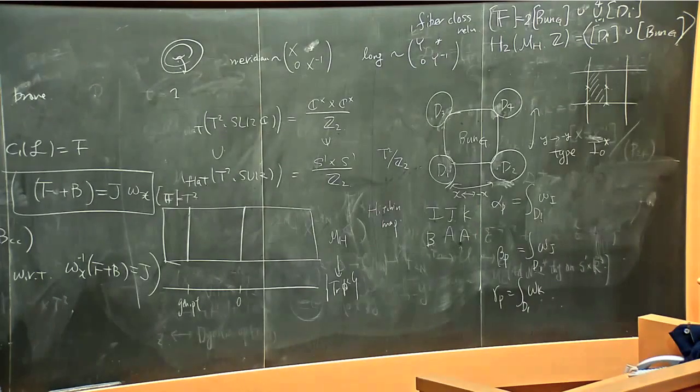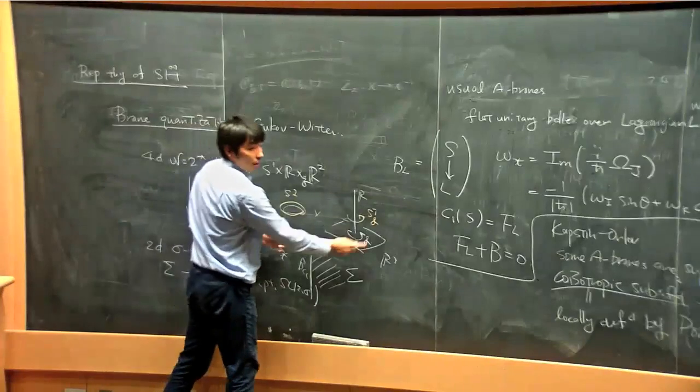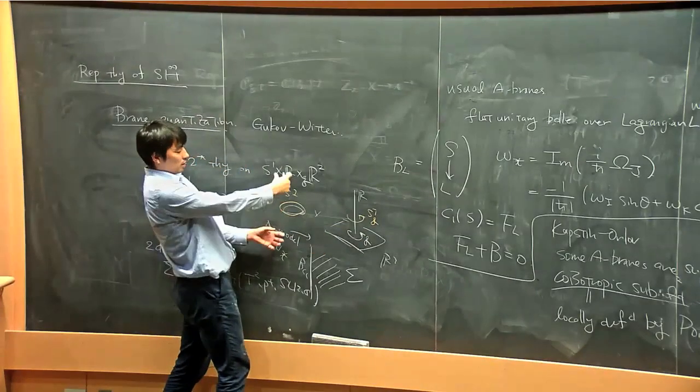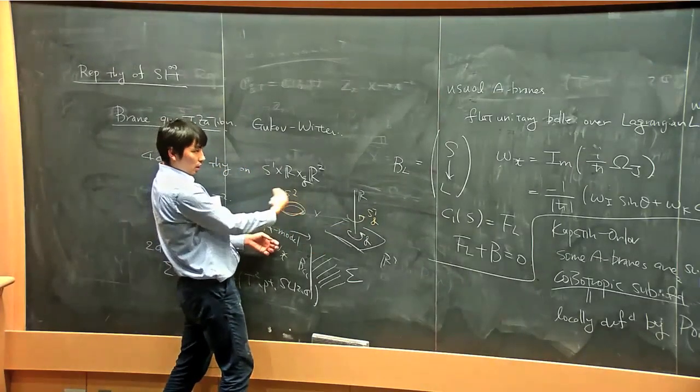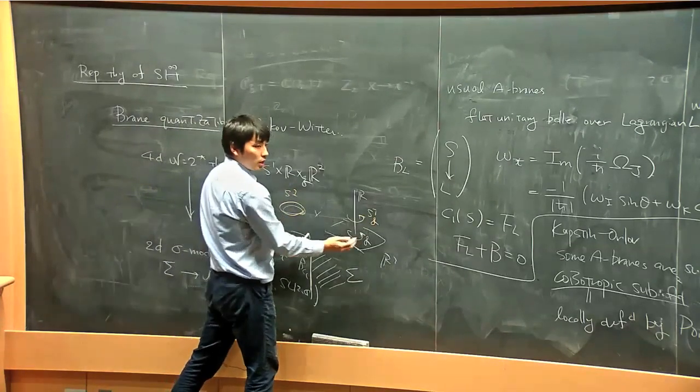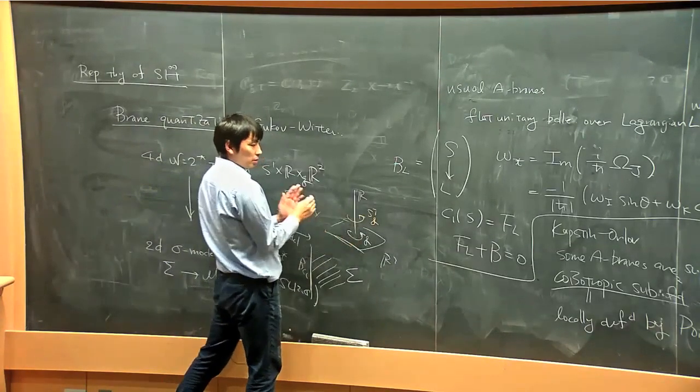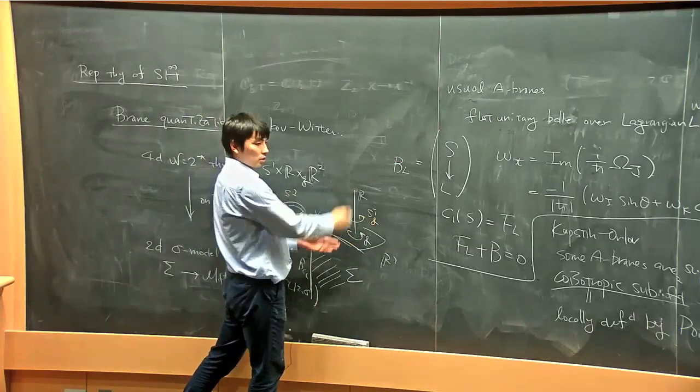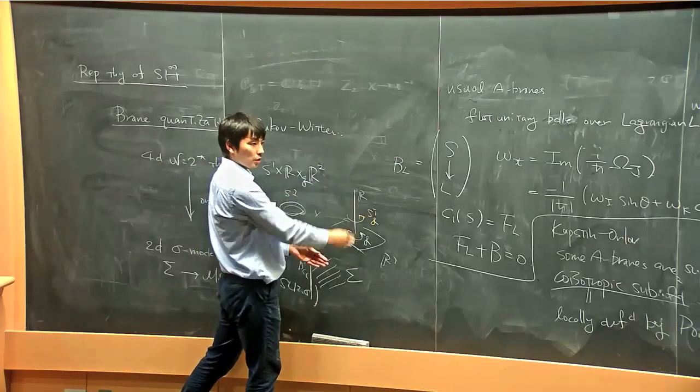And if you turn on the Omega background, then you just wrap the line operator on this S1 direction. If you turn on the Omega deformation, everything is localized in this axis Omega deformation.